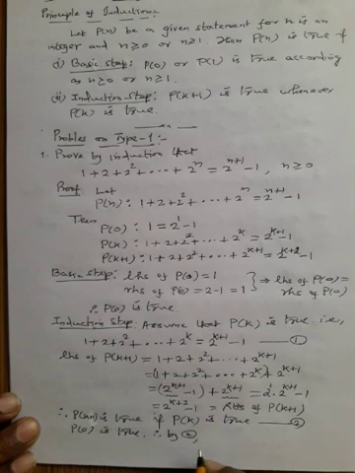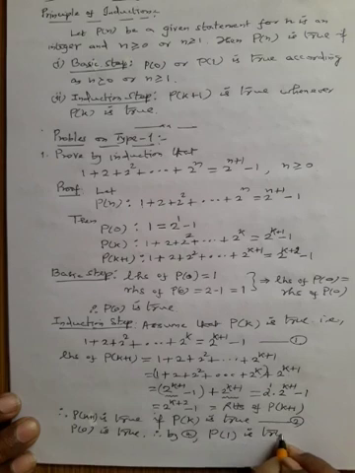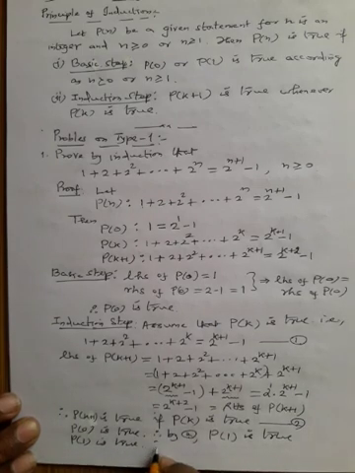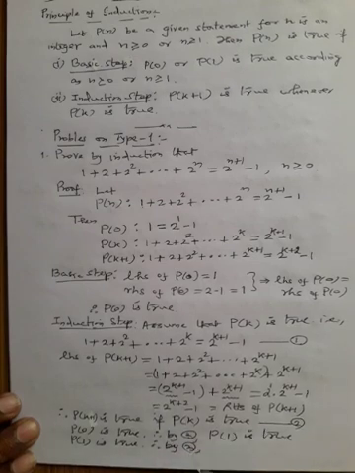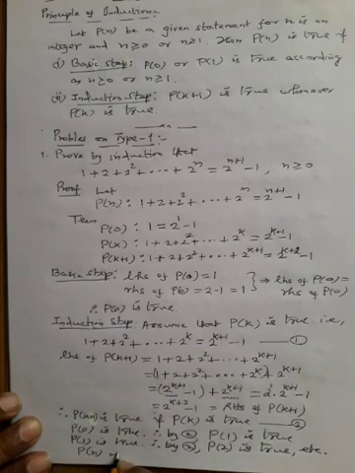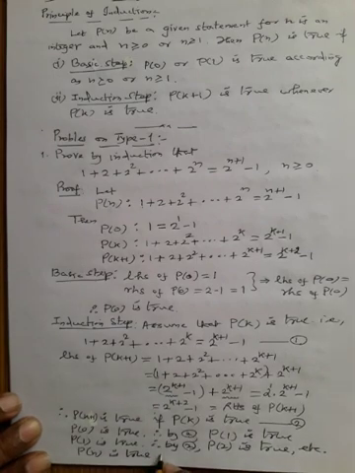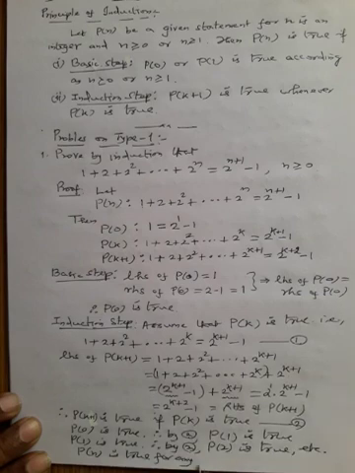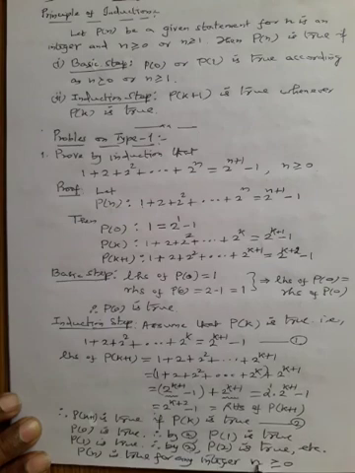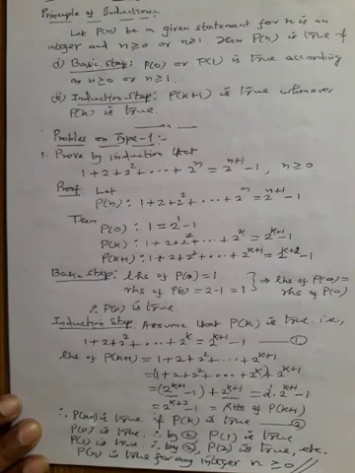Therefore, by 2, the next integer, P of 1 is true. Now P of 1 is true, therefore by 2, P of 2 is true. Continue like this, P of n is true for any integer n greater than or equal to 0. So this completes problem number 1.